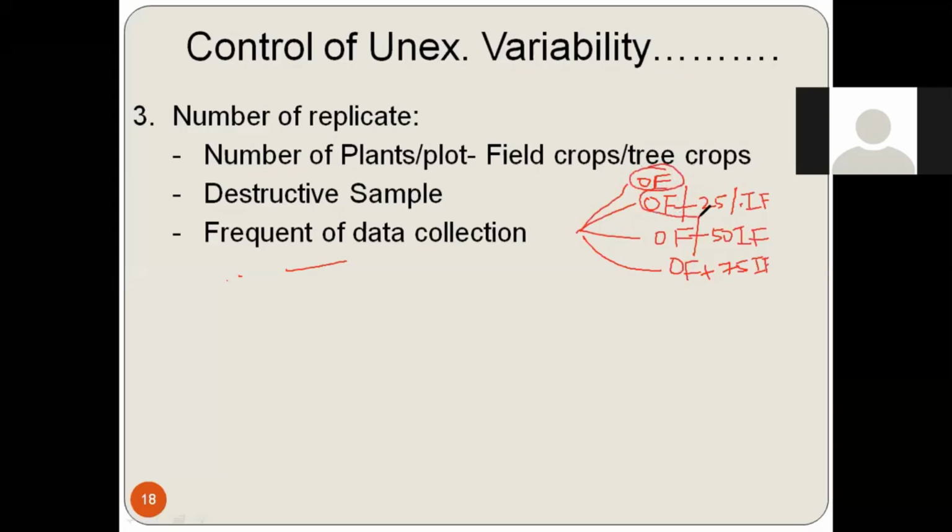This is organic fertilizer plus 25% of inorganic fertilizer. This is organic plus 50% inorganic. This is organic plus 75% inorganic. These are called treatments. So how many treatments do we have that we want to test? 4 treatments, right? These are the 4 treatments.